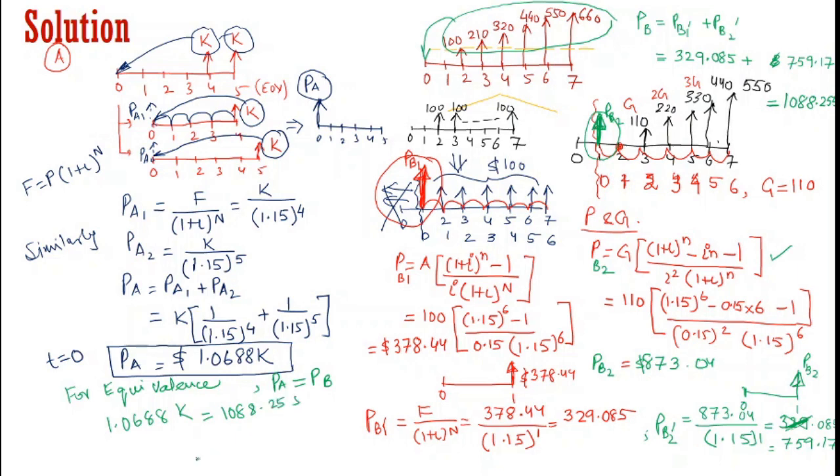So from this, if I compute, K comes out to be $1018.20. So this should be the value of K in order to have the equivalence of these two cash flow diagrams. So this is how we have solved the problem.